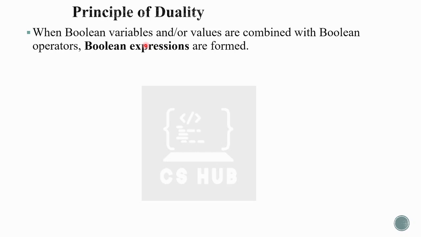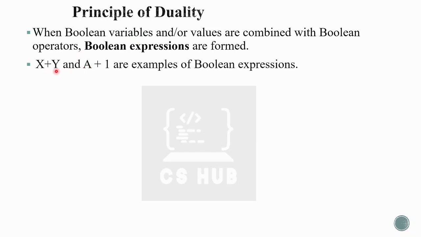What is a logic statement, logic expression, then logic constants, then Boolean variable. So many terms we have studied. Another name is Boolean expression. We know what a Boolean operator is, and we know what a Boolean variable is. When we combine Boolean variables with Boolean operators, a Boolean expression is formed.